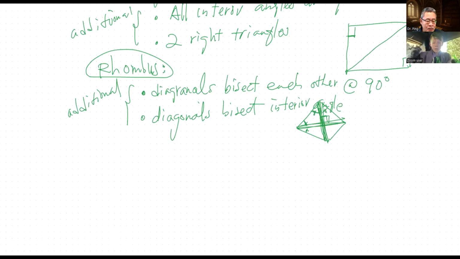Yes. Okay. All right. So now we're looking at the square. Now, a square is basically a special kind of rhombus and rectangle.